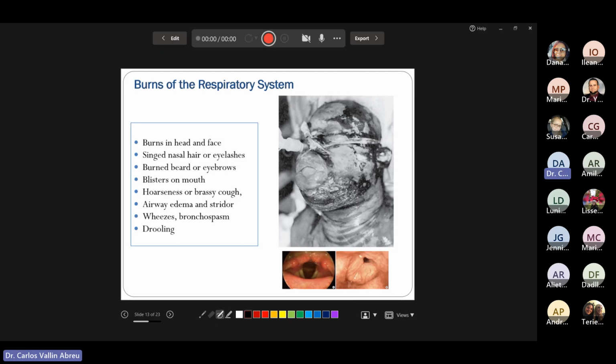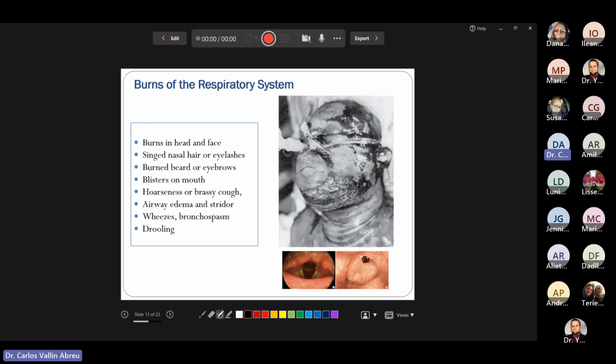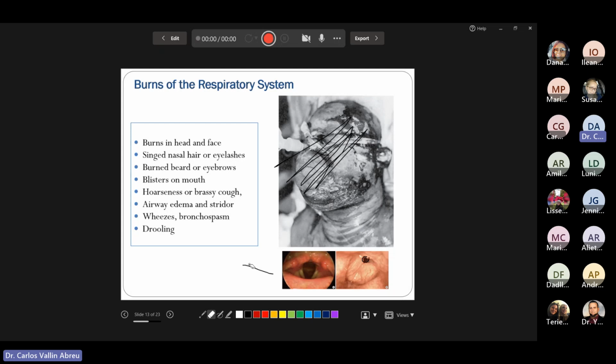Obviously, a client who has a burn in this area will have hoarseness, and the voice will be different than normal. They will probably have a stridor, probably a dry cough because of the irritation in the area, and could even be spitting up soot, charcoal from the flames and the substances that were burning in their presence.